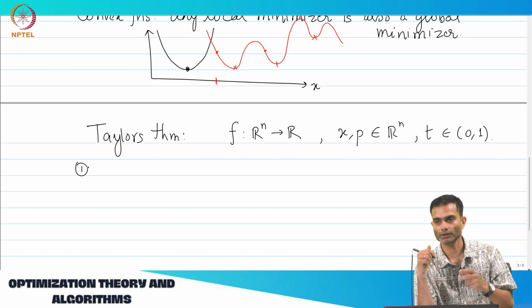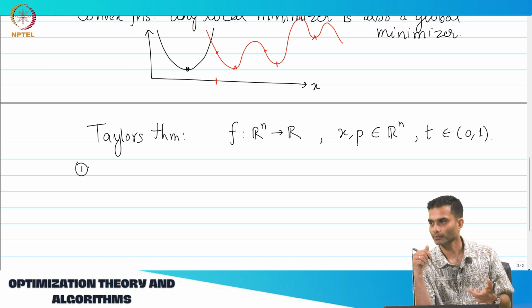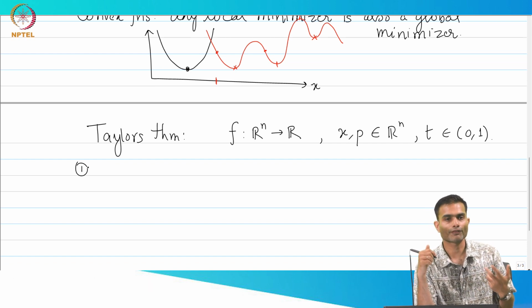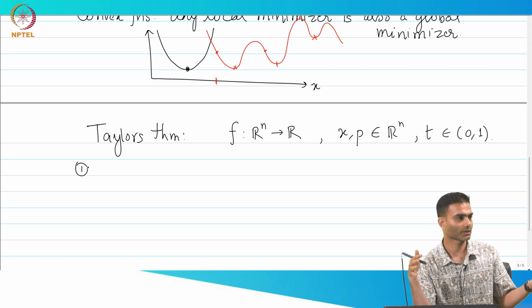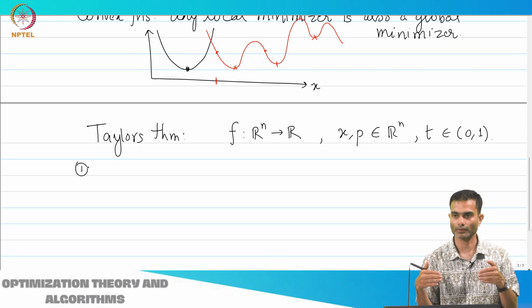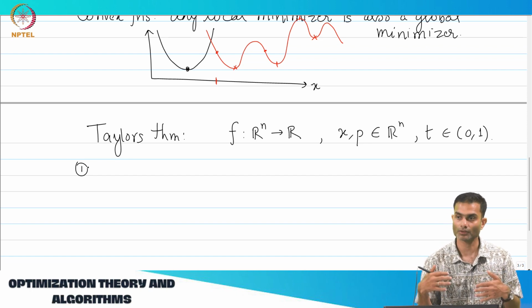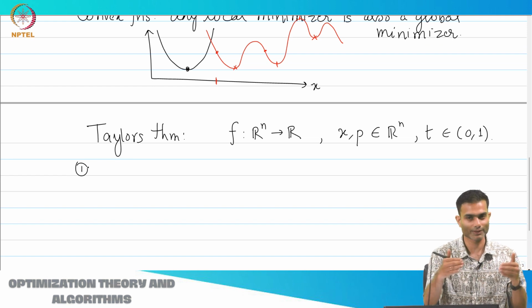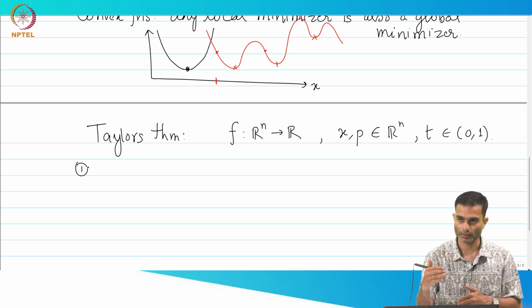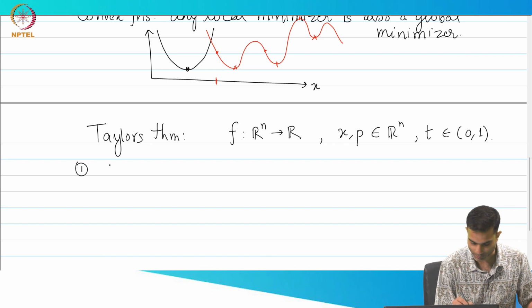One is to first order and the second is to second order. If your function is nice and well behaved so that you can define a second derivative, or in this case a Hessian, then you will write it to second order. If it turns out that your function does not have a second derivative, then you have to stop at the first order. So I will state both of these possibilities of the function.